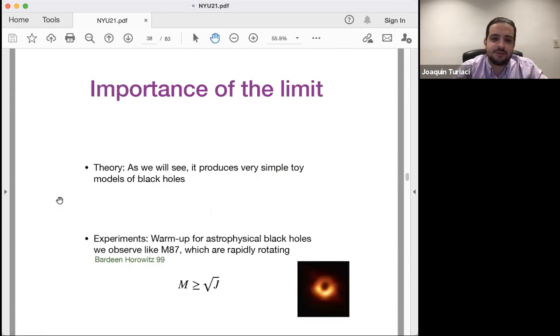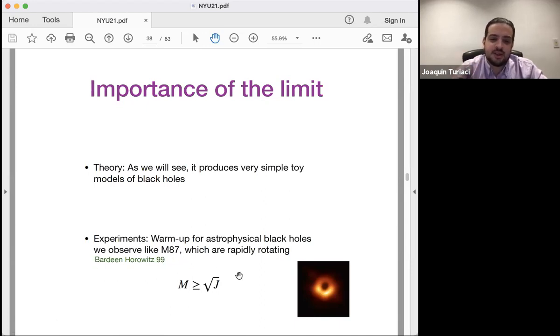Okay, and finally, I explained maybe theoretically why this limit is interesting, but it's also interesting for experiments. So there are astrophysical black holes like the one at M87 that was taken a picture of, which are rapidly rotating. They have a large angular momentum, and there is a similar extremal limit for rotating black holes.